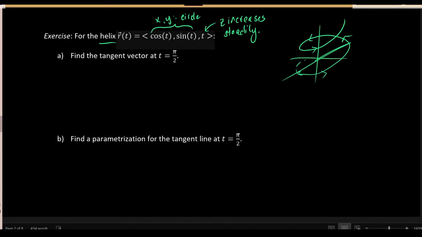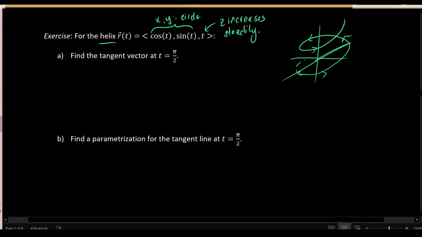Now, when t is equal to pi over 2, cosine is 0, sine is 1, and the height is pi over 2. So I'm going to indicate that the time pi over 2, at that time the object is located in this position right over the positive y-axis. The position at pi over 2 is right here.